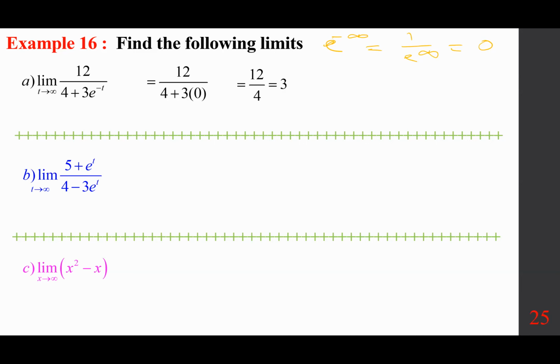This is a fractional function, I'm going to call it, because t is approaching infinity. We use the same technique. We divide the top and the bottom by the highest value in the denominator, which happens to be e to the power of t. So we divide everything by e to the power of t. And we simplify.